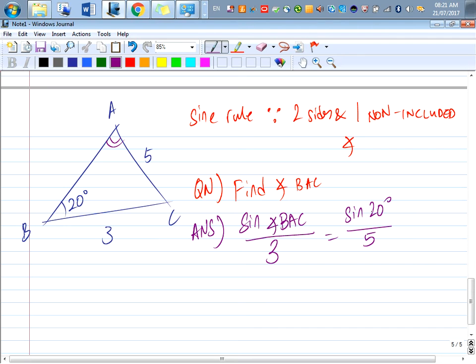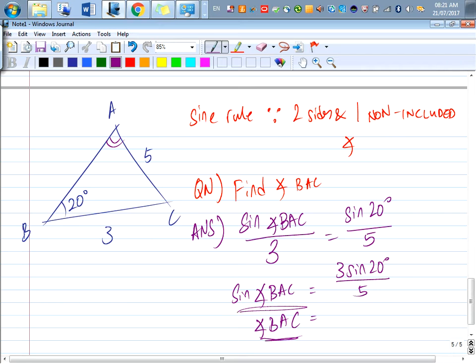Okay? So then you can find out sine angle BAC is equals to 3 sine 20 degrees over 5, and angle BAC will be equals to, let us just calculate this. You want to go straight to this one, is it? No, don't skip. Show me this one first. Okay, 3 sine 20 divided by 5.